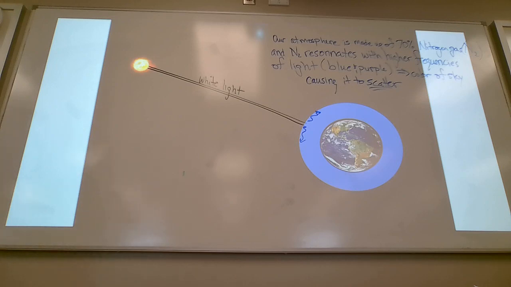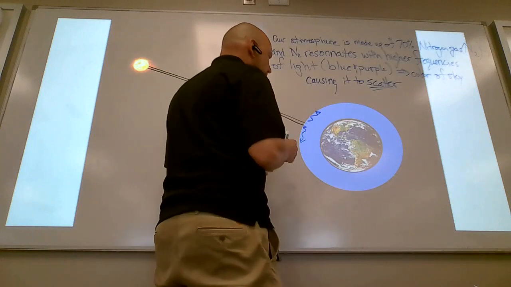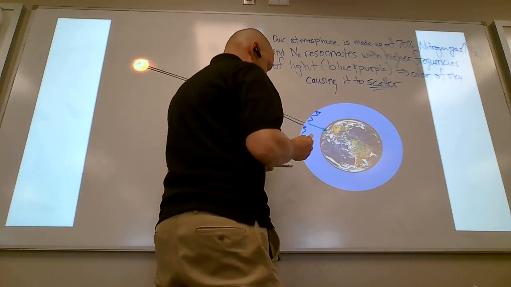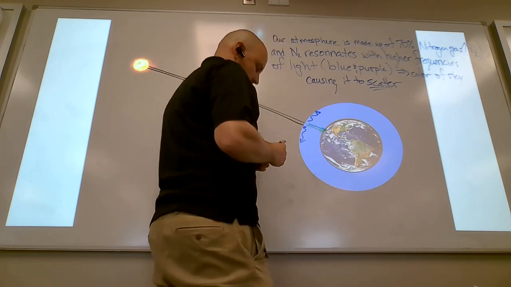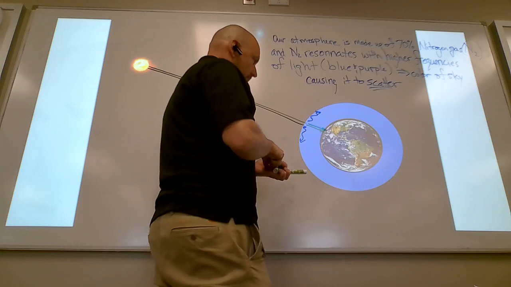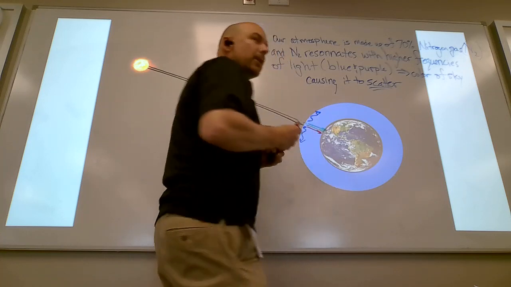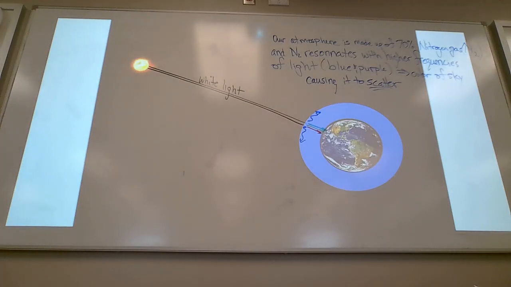What doesn't get scattered is the lower frequencies. So green gets through, yellow gets through, orange gets through, red gets through. As we look at the color of the sun during the day, what color is it?